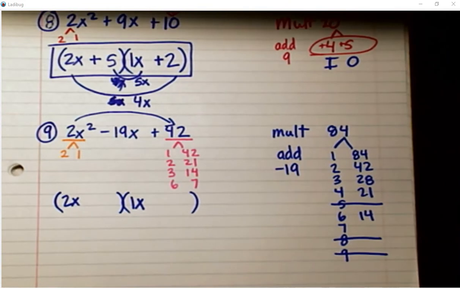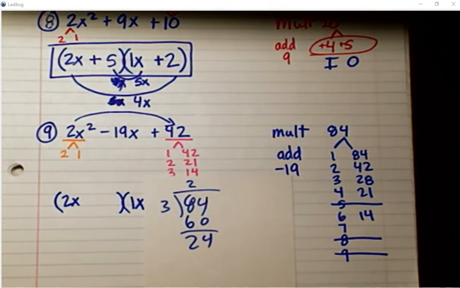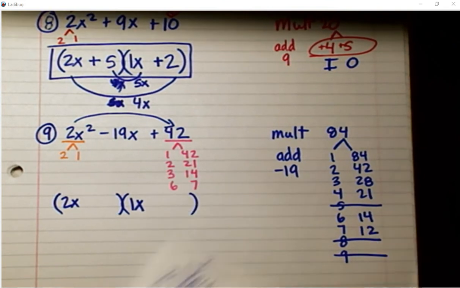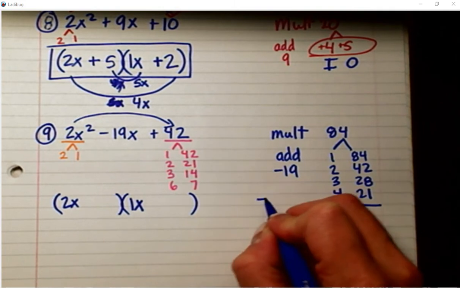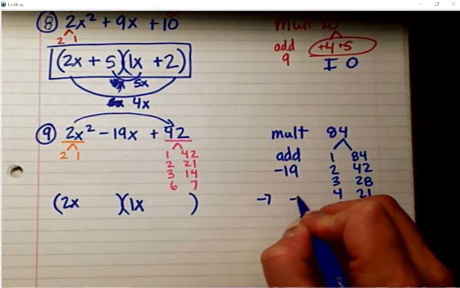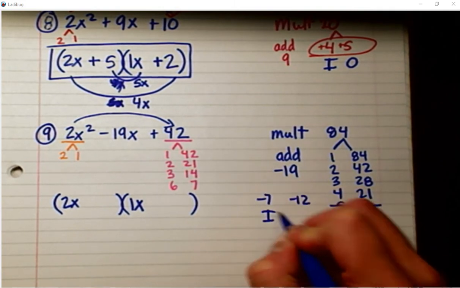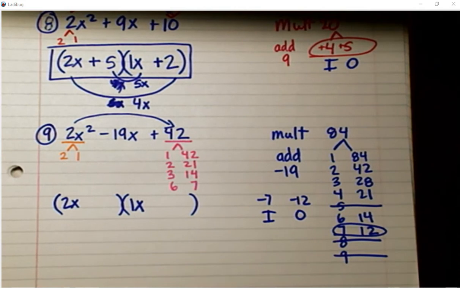Let's try 7. 70, 77, 84. So 7 does work. I didn't even do division. I just started at the closest multiple and counted from there. Okay, here it is. 7 and 12. -7 and -12. This is your inner and outer numbers.